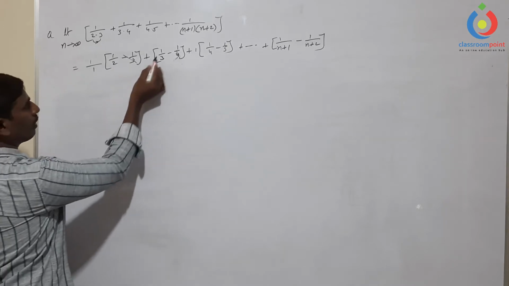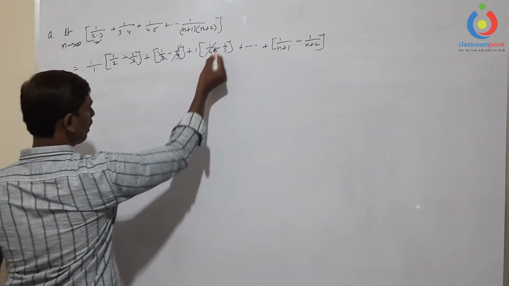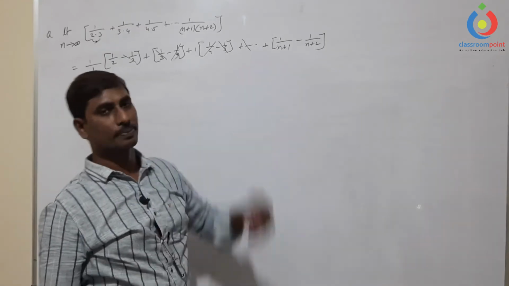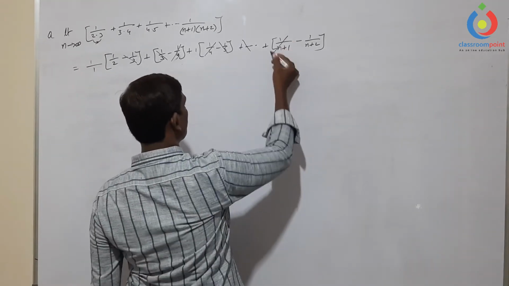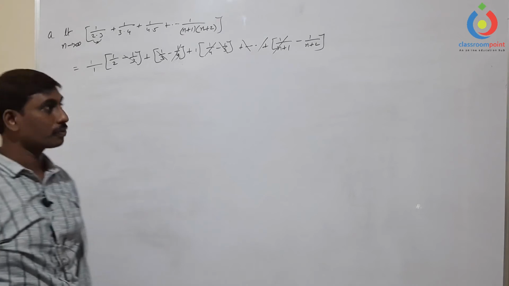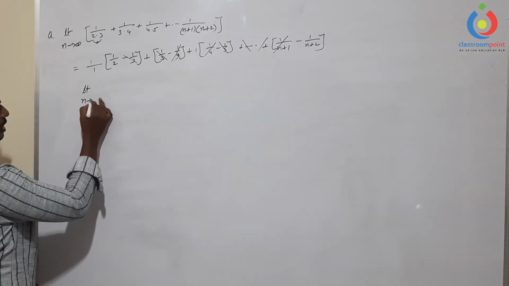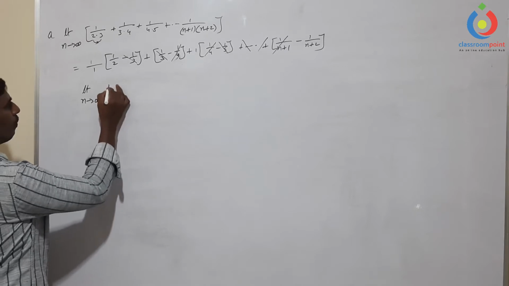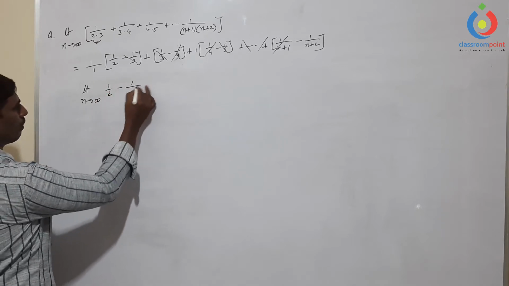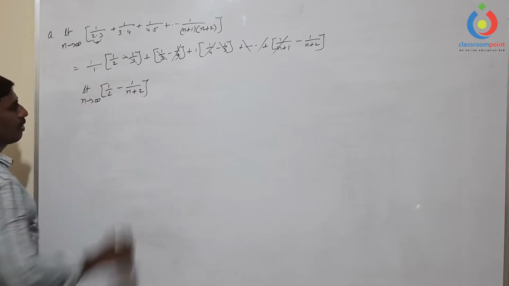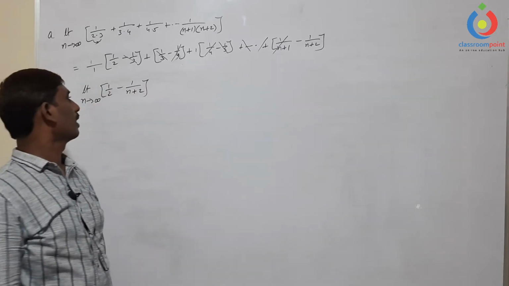Then what to do here? See, 1 by 3 will cancel, 1 by 4 will cancel, 1 by 5 also will cancel. What is the remaining? Limit n tends to infinity of 1 by 2 minus 1 by n plus 2.